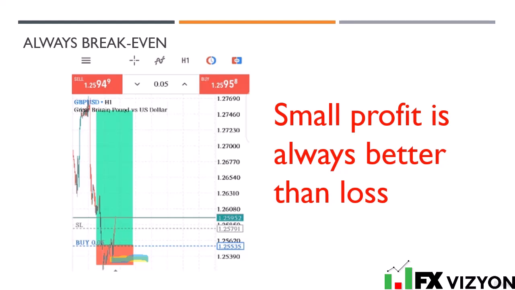Okay, now there is a pullback here at this point, right? While I entered at this point, and there was a pullback. There was a pullback to almost hit my stop loss, and then it went all the way up.